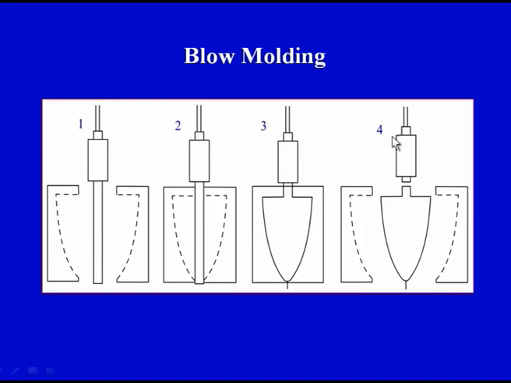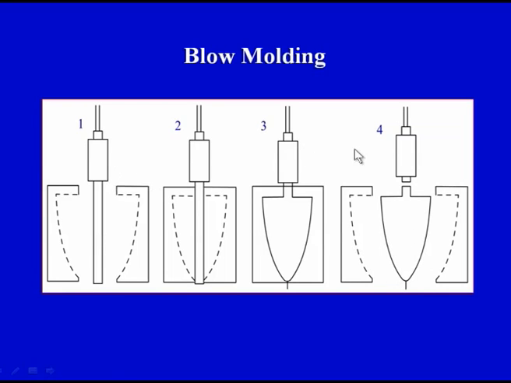So in stage number 4, the 2 halves of the mold have opened up and the final product has been formed. The air supply is there in stage number 2 and to some extent in stage number 3, and in 3 to 4 the cooling is taking place, and in stage number 4 there is no supply of air, only the mold halves open and the final product is taken out.